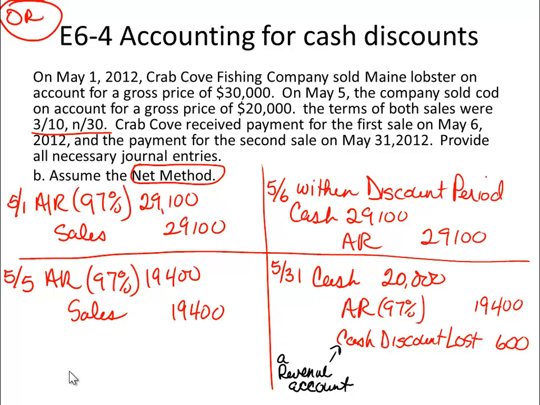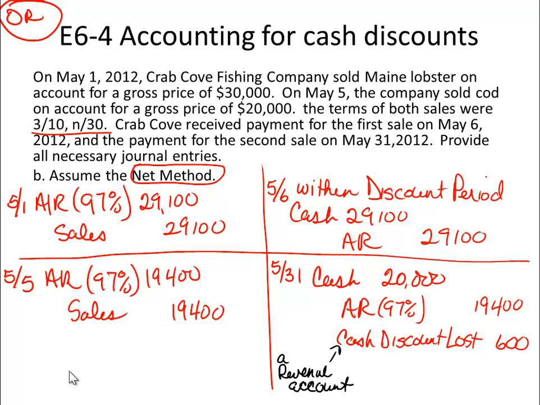But notice that the sale on May 5th, since it was paid after the discount period, will receive cash of $20,000. Well, we'll debit cash for $20,000. The credit to accounts receivable, remember, is only for 97% or $19,400. So we need another credit, which is going to be a revenue account called cash discount lost for $600, or that 3%.